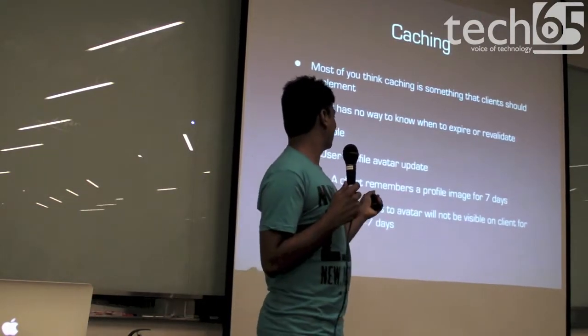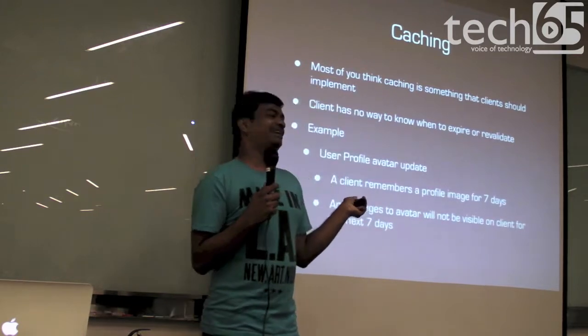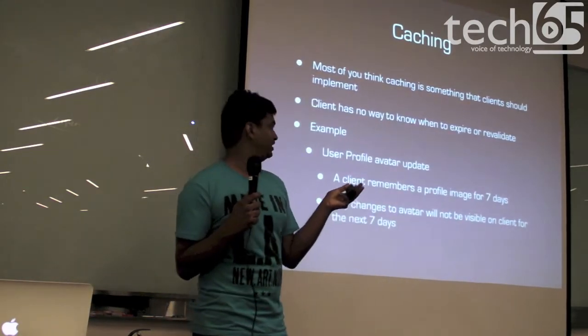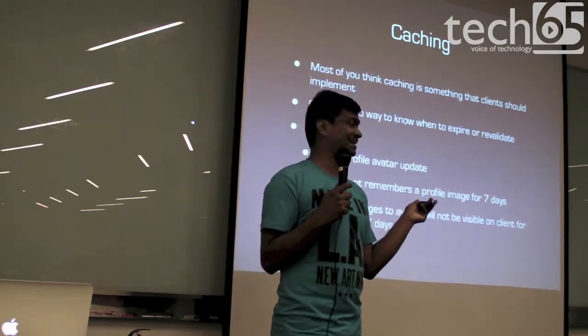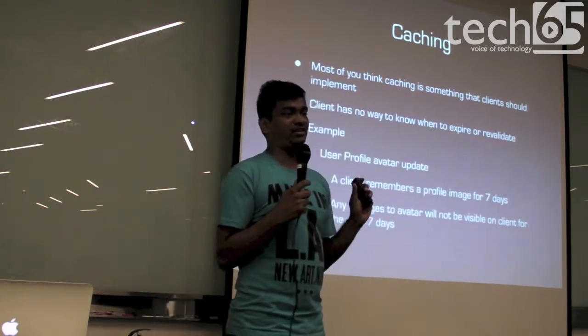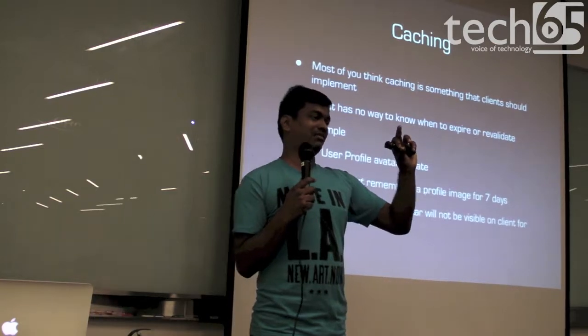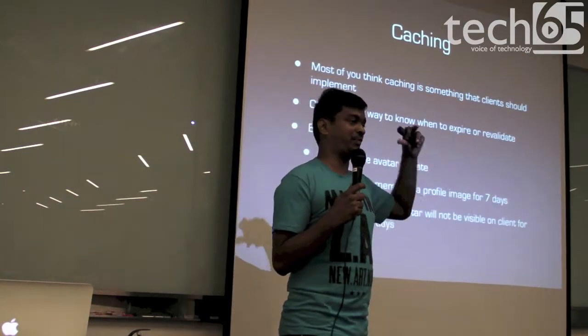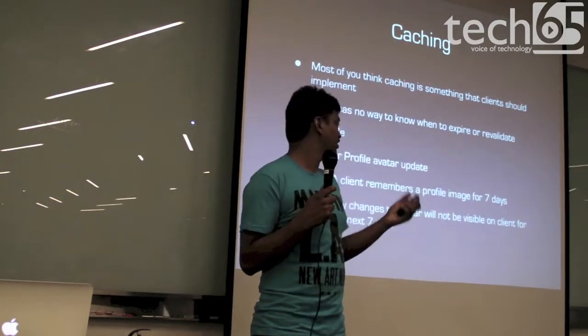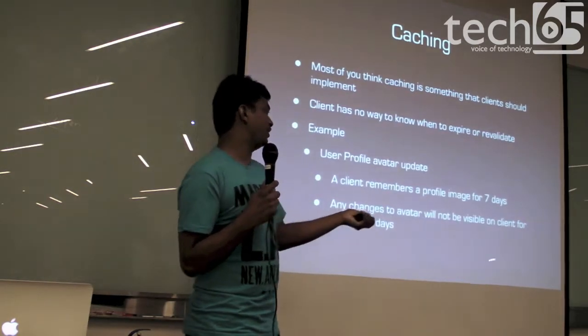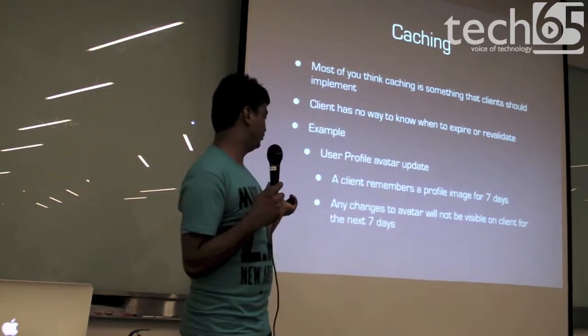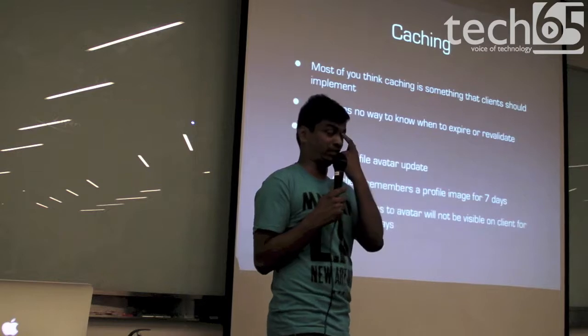The problem is the client has control over cache revalidation or cache expiry. In this case, it's 7 days, right? You're hard coding 7 days in your client and not respecting the Nginx configuration, right? So what happens? Changes made to an avatar will not be visible to another user for the next 7 days.